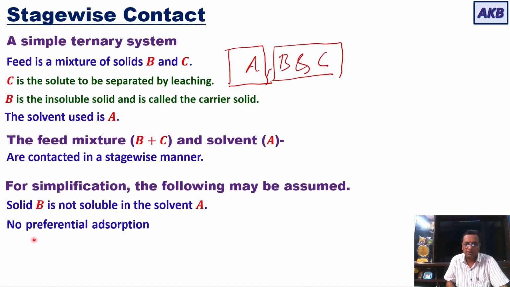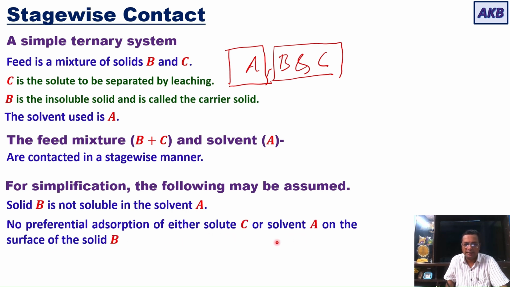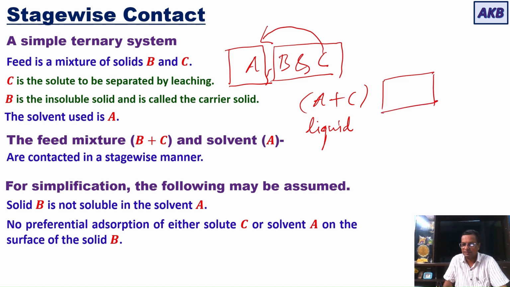Then the second assumption is there is no preferential adsorption of either solute C or solvent A on the surface of the solid B. So you may assume that when C gets transferred to A, you have A plus C, which is a liquid solution, and this liquid solution will be in contact with the solid phase, which will contain B and some unrecovered solute C in it.